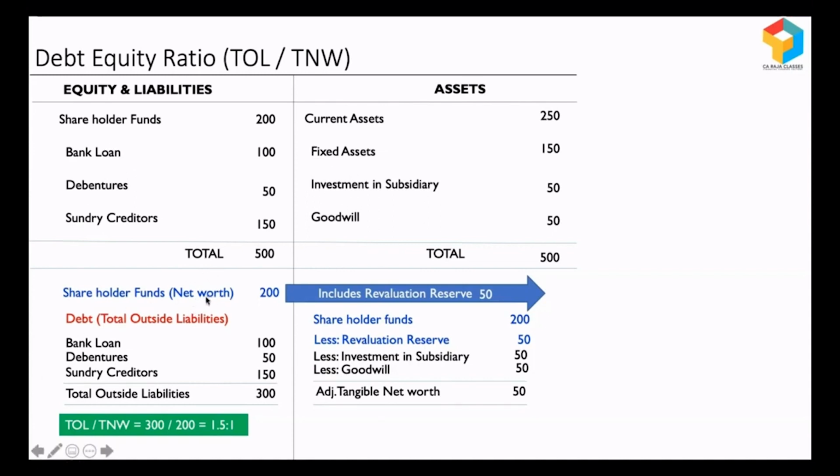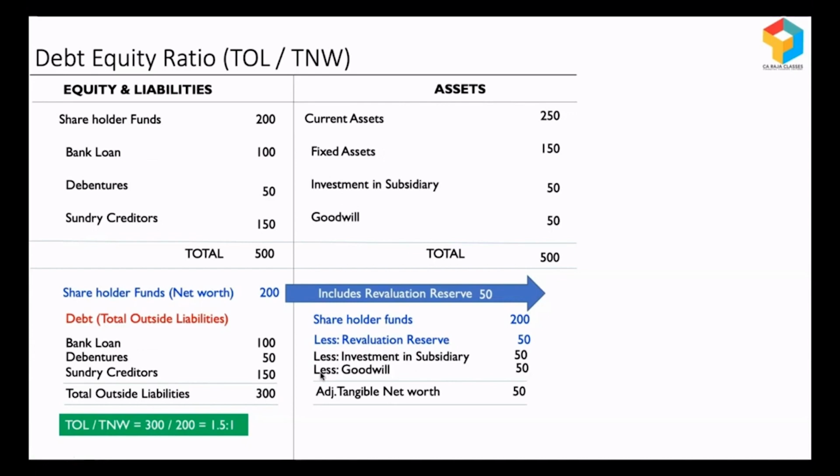We started with net worth, right? And when this net worth figure is adjusted for revaluation reserve and goodwill, we call it tangible net worth, because these two items, revaluation reserve and goodwill, are almost intangible. Goodwill is absolutely intangible, revaluation reserve is only a book entry.